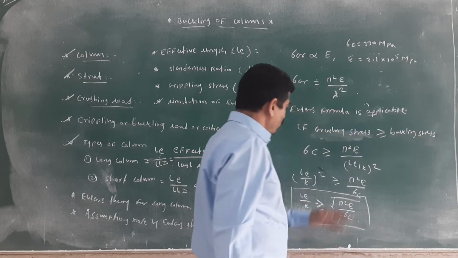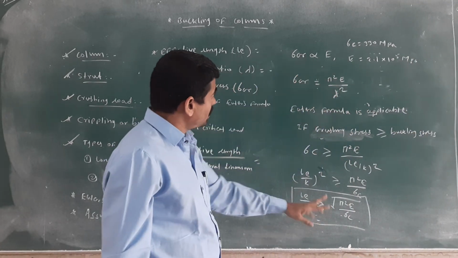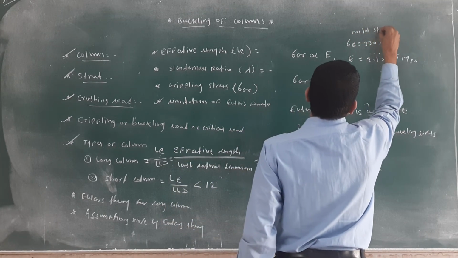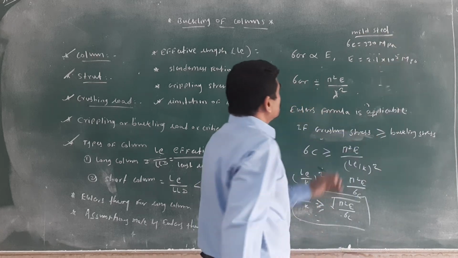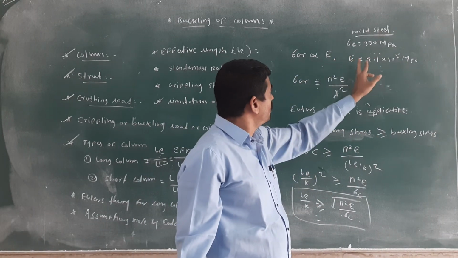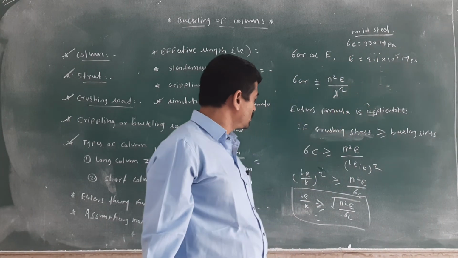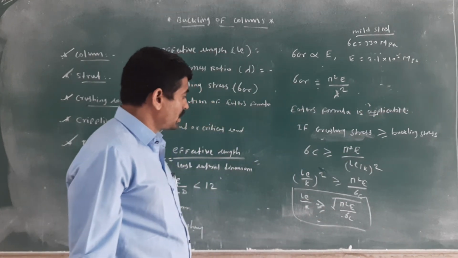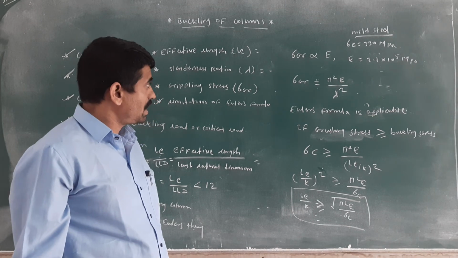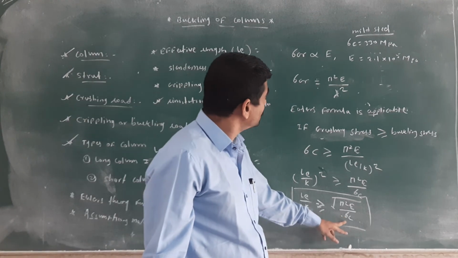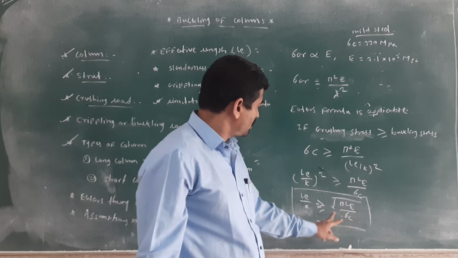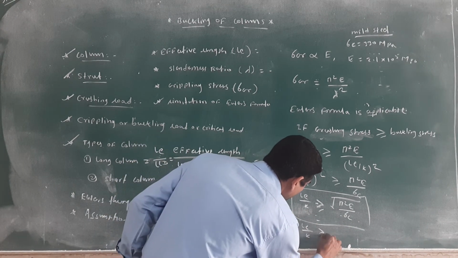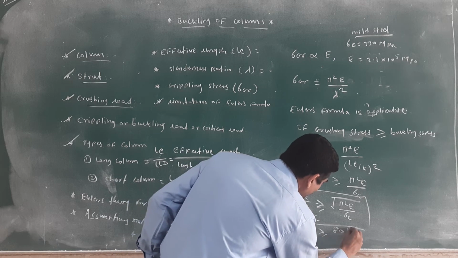If you put these two values in that equation, for mild steel, with stress 330 MPa and modulus of elasticity 2.1 into 10 raised to 5 MPa, you will get LE by K is greater than or equal to 80.